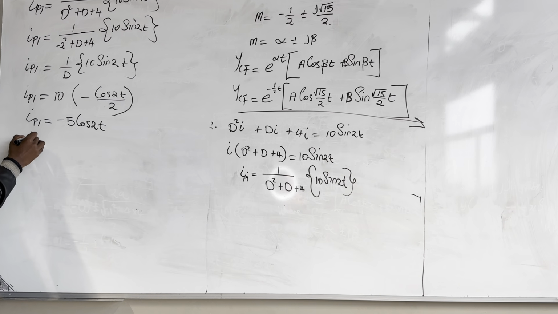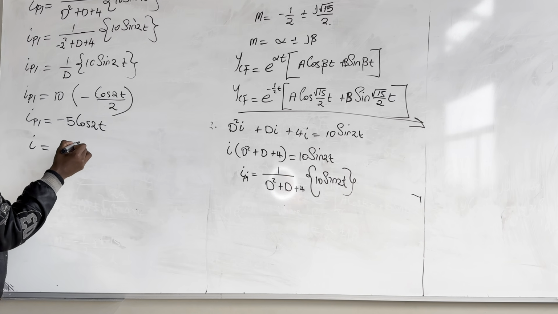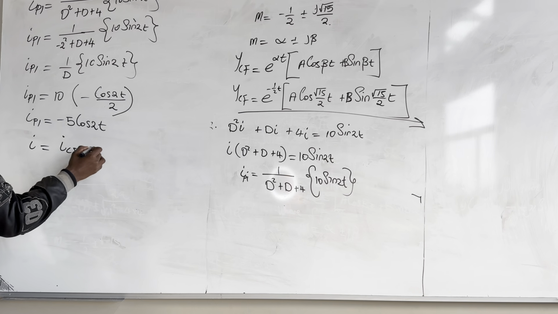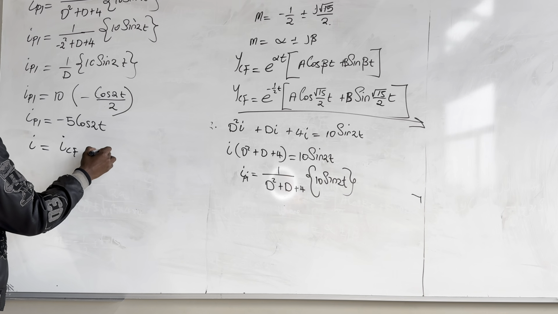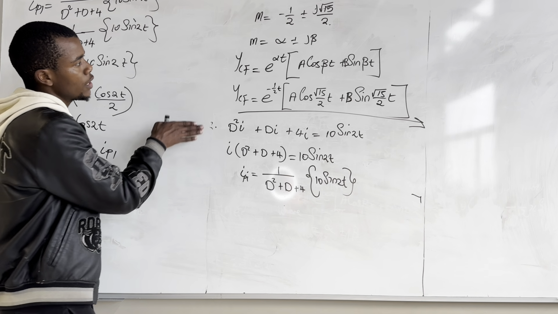But now we were asked to find the general solution. Okay, so it will go like this. It will be the complementary function plus the particular integral. Now there is a mistake here.